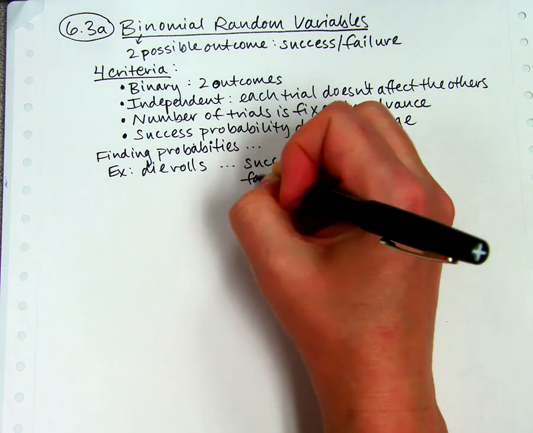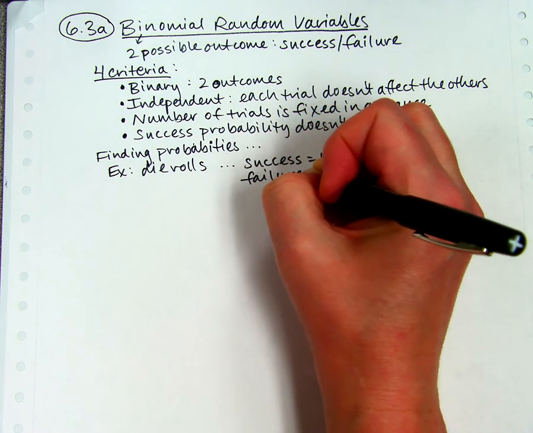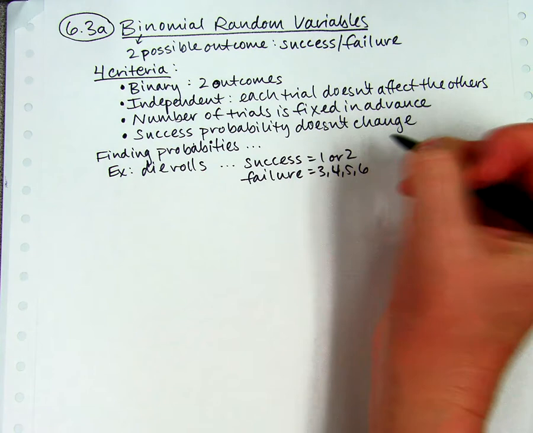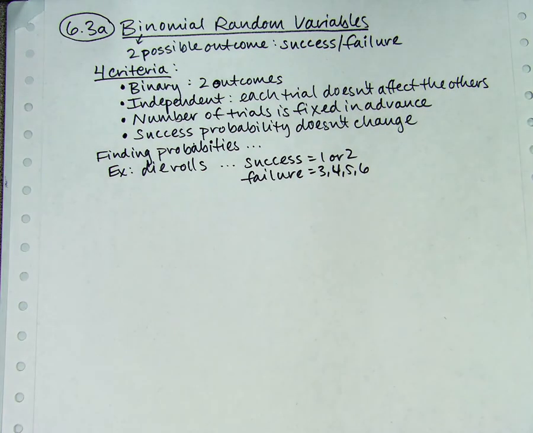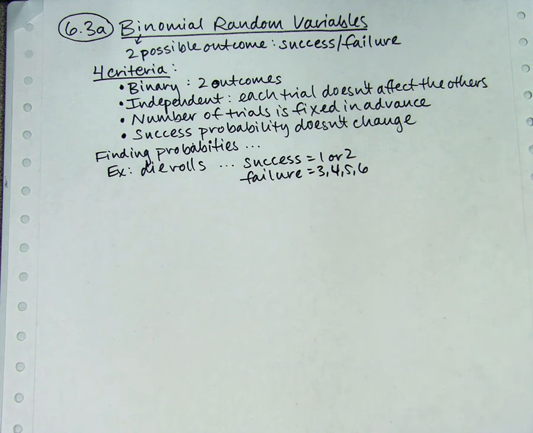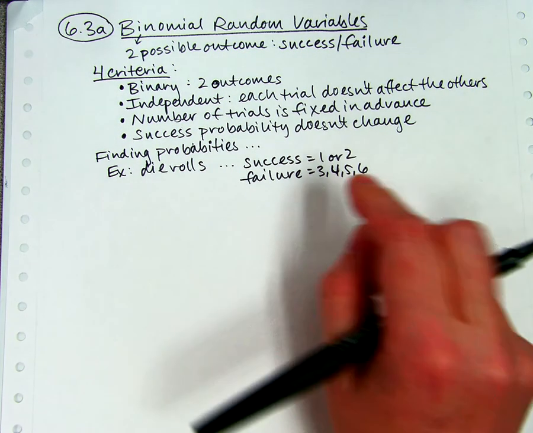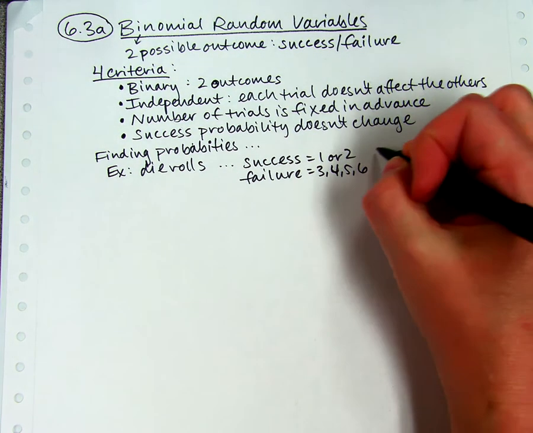And a failure is defined as getting a 3, 4, 5, or 6. And that success and failure can be defined however you need to for that specific situation. So it won't always be like this, but I'm choosing an example where these are not the same. It's not half and half, it's not odds and evens or anything like that. I want them to be different so we can talk about that.